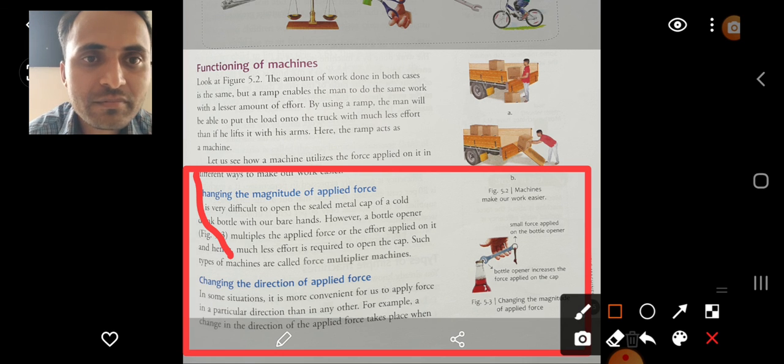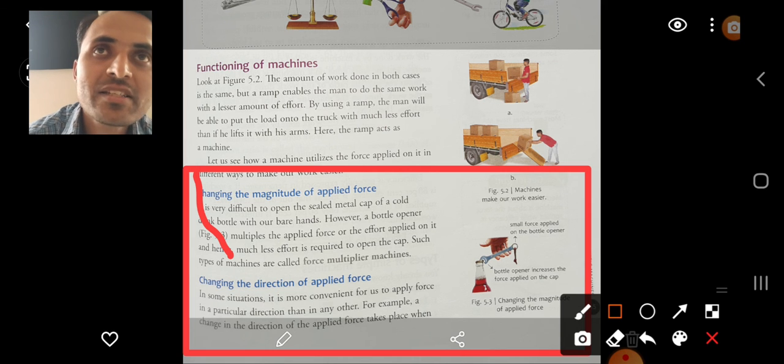Second, changing the magnitude as well as the direction of applied force. For that we will take the example of the bottle opener. Here the bottle opener is the best example. This is a common example, and it is a simple machine.